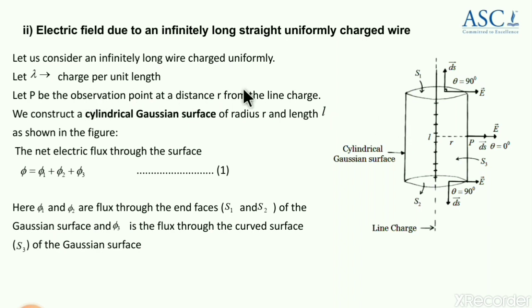So introductory to this diagram, a little bit you have to write for 1 mark, that is, consider an infinitely long wire which is charged uniformly, and here one quantity we will make use of, which we have already discussed, that is linear charge density. If you remember, that is defined as charge per unit length.